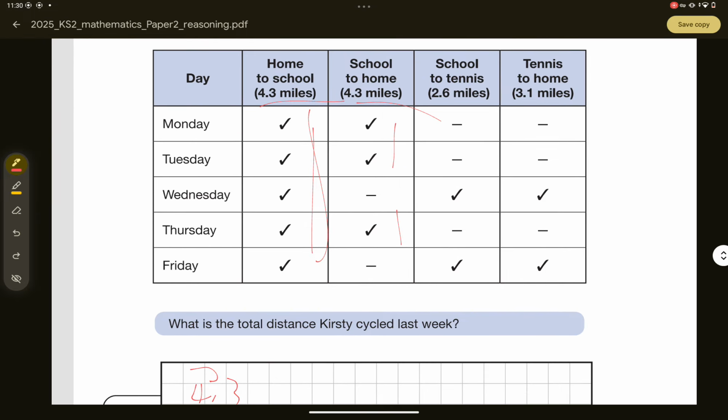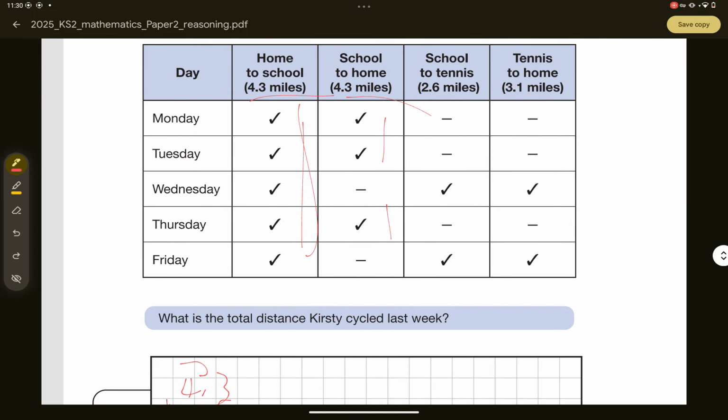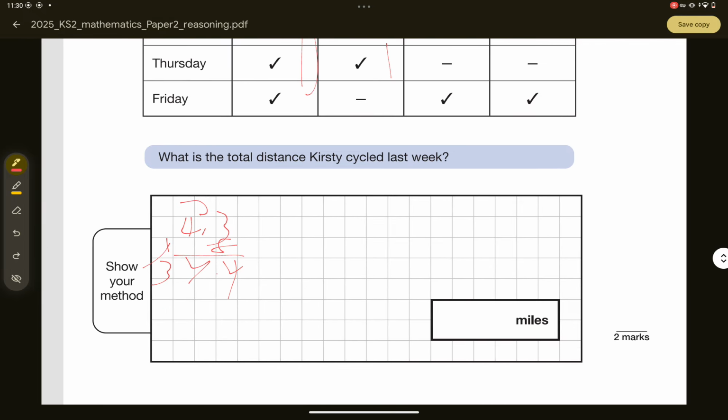And then 2.6 times 2 equals 5.2 plus 5.2 equals 6, and then 39.6.